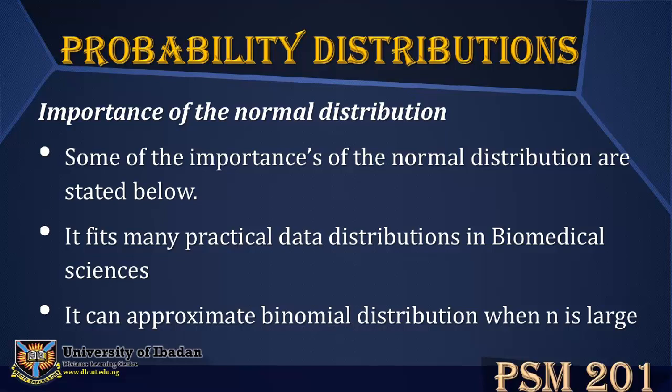Importance of the normal distribution. Some of the importance of the normal distribution are stated below. 1. It fits many practical data distributions in biomedical sciences. 2. It can approximate binomial distribution when n is large. 3.